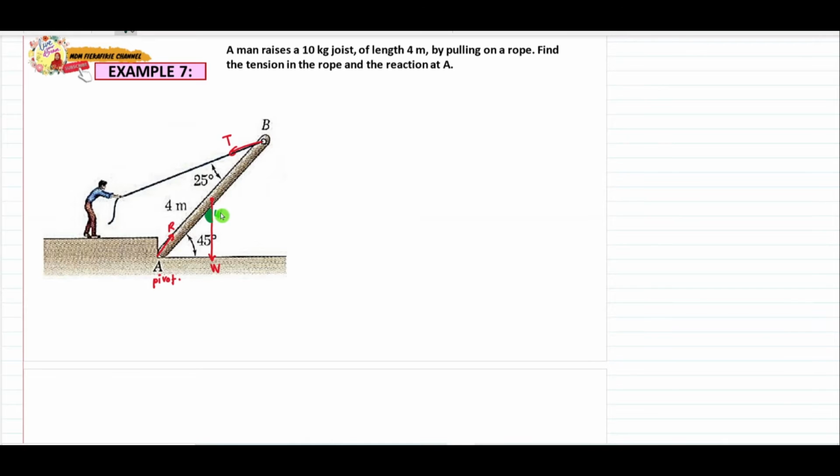So here also 45 degree. So now look at here. This angle is 25 degree. So means that here should be 20 degree. This angle should be 20 degree.